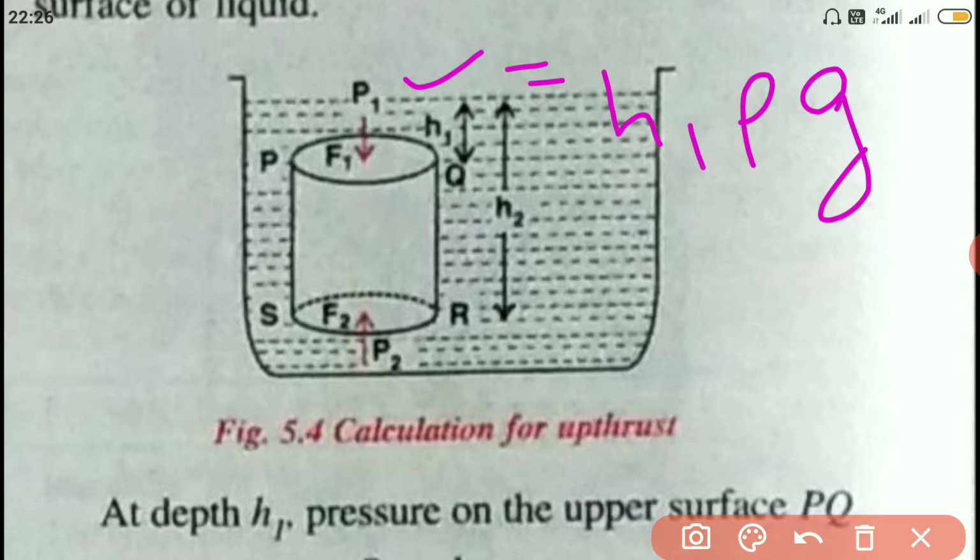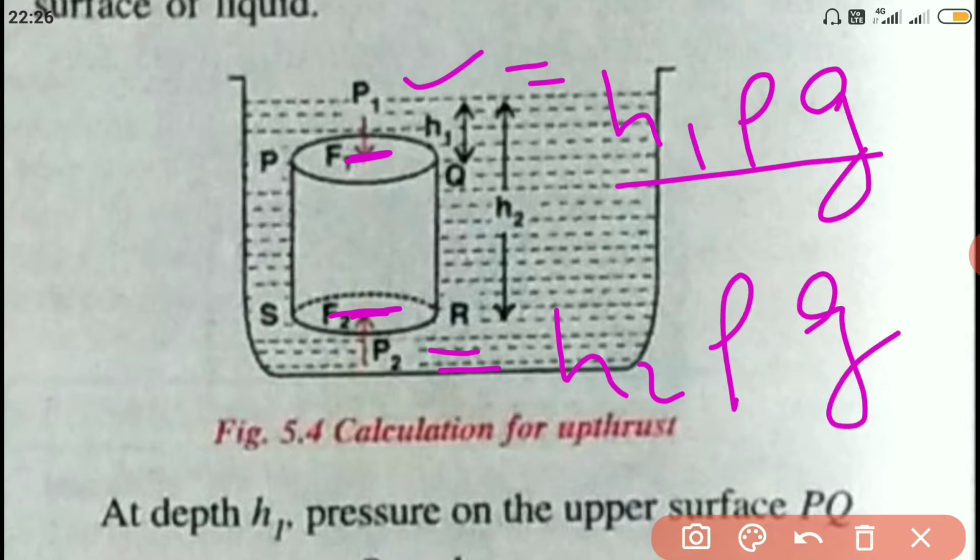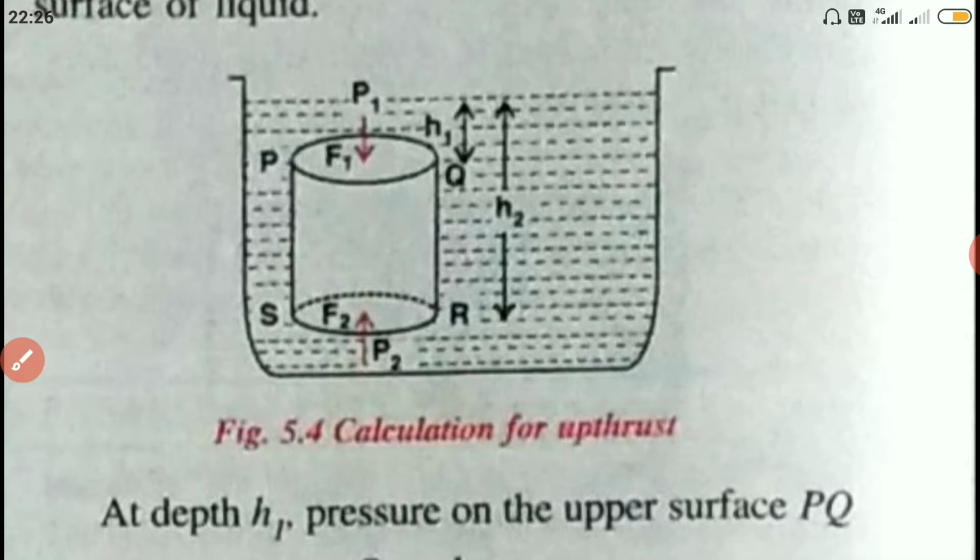So this was the formula for pressure, h rho g. So the pressure here is supposed to be this much, right? And the pressure here is supposed to be h2 rho g. I can't write a different rho because the liquid is the same. I hope you understood the scenario, right? So which pressure should be more? Obviously P2 should be more.